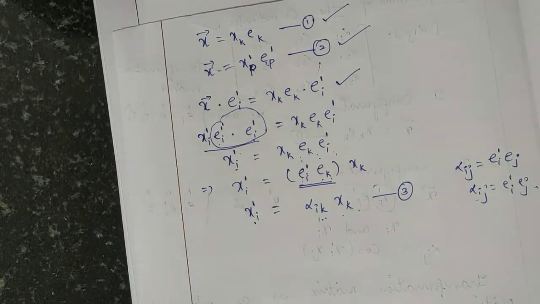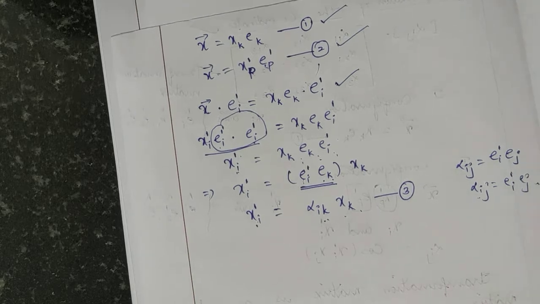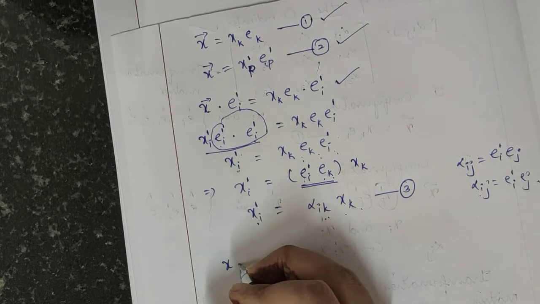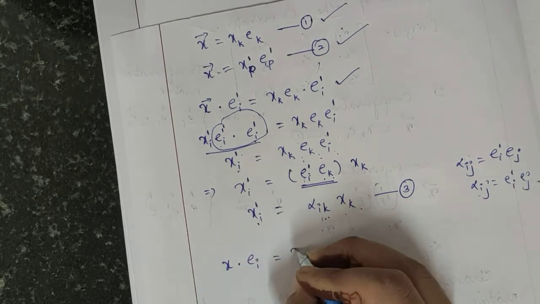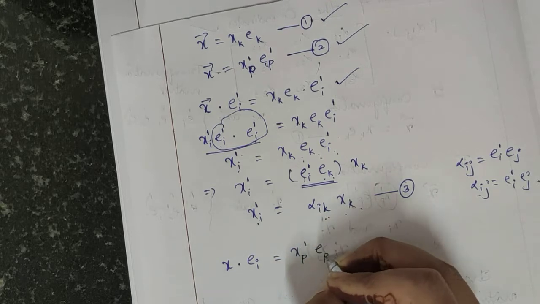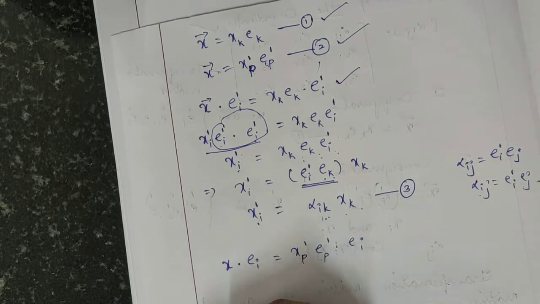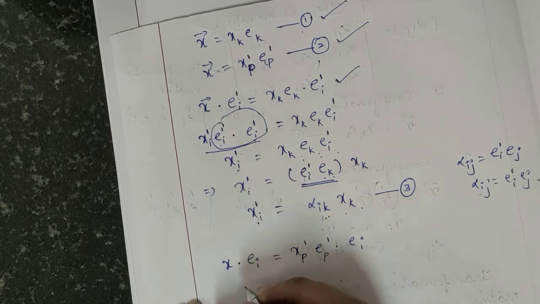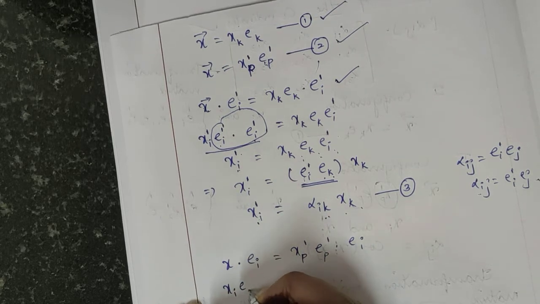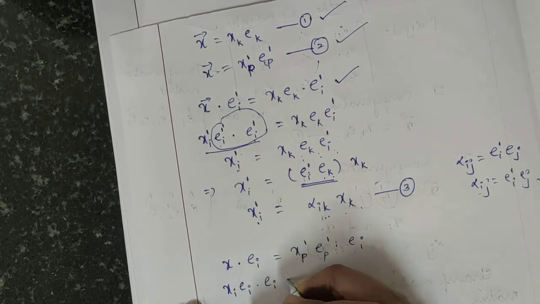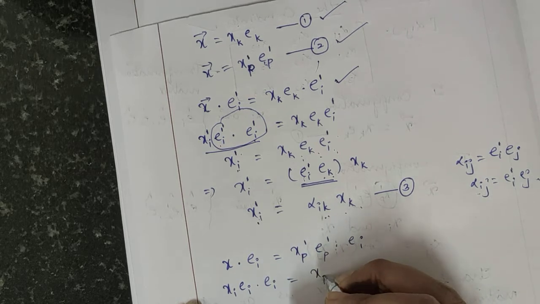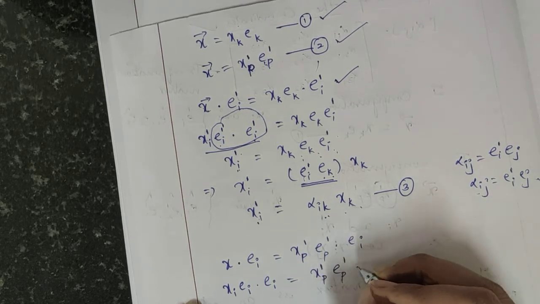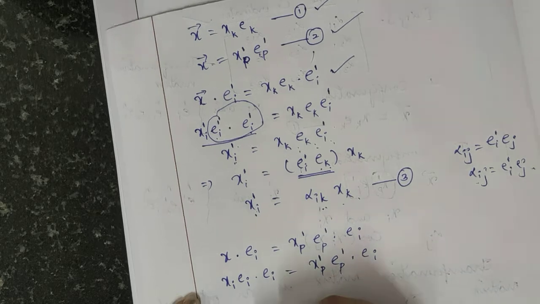Okay. So similarly from equation number 2, we can write x dot ei is equal to xp prime ep prime dot ei. So what is x from your equation number 1? It is xi ei dot ei is equal to xp prime ep prime dot ei, right?